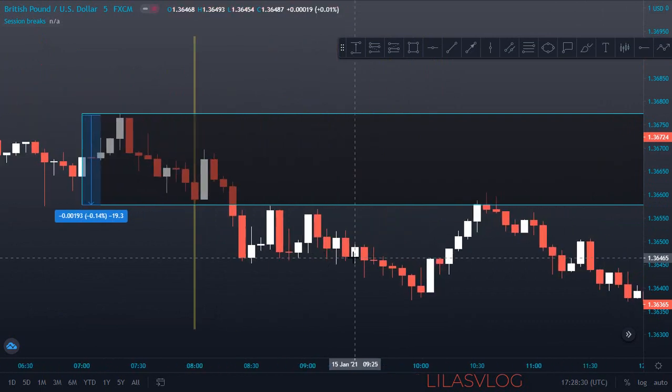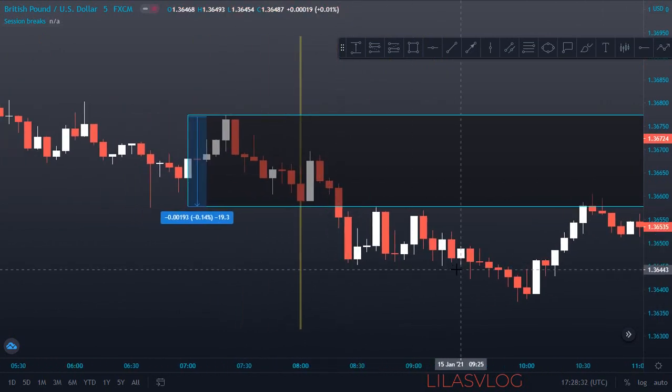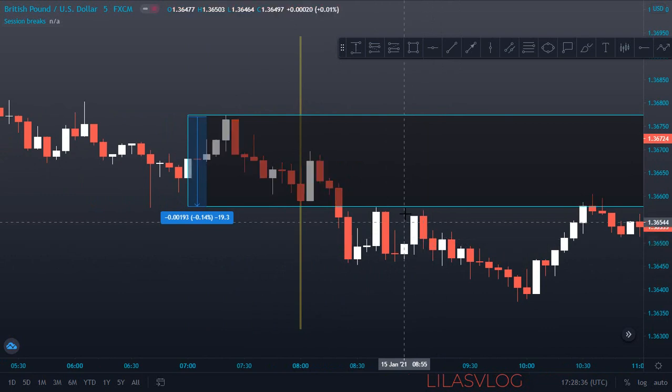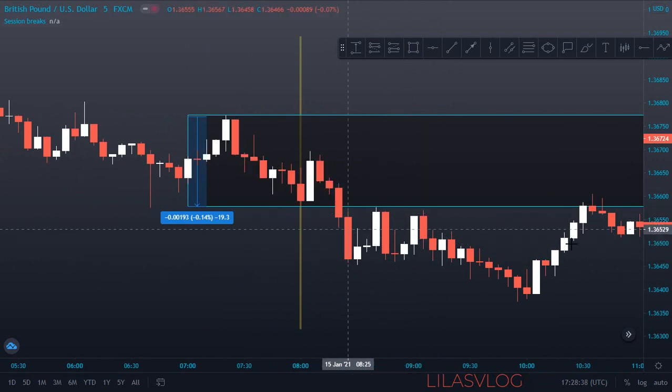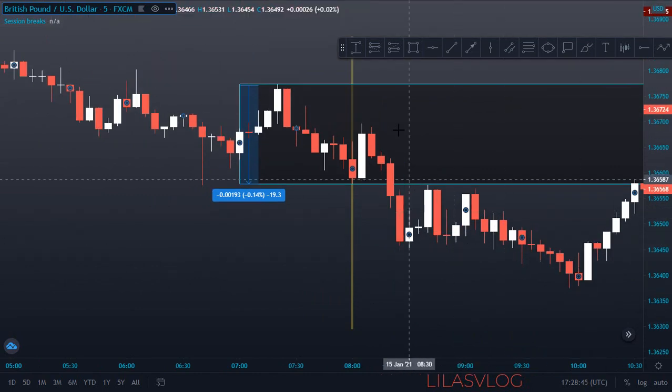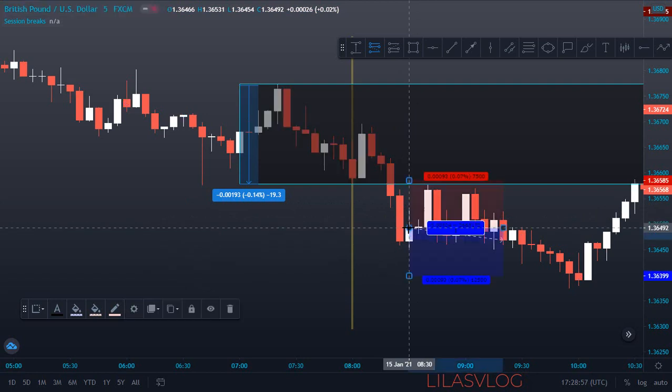So what we are going to do is wait for a candle to close completely outside the box. So you see, this is our confirmation. This candle closed outside the box and closed below the box, so we will have a short position in the next candle. Alright, this is our entry.